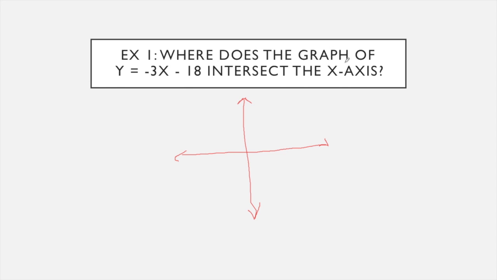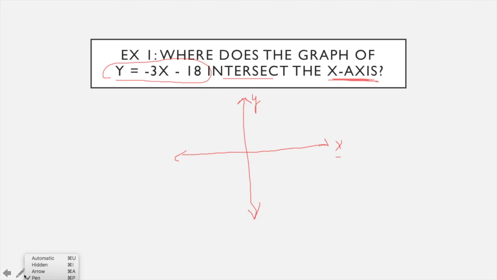We want to know, where does this graph cross the x-axis? Now we know x-axis is the horizontal one, x. Our y-axis is vertical. So where does this graph cross the y-axis? It has a y-intercept.